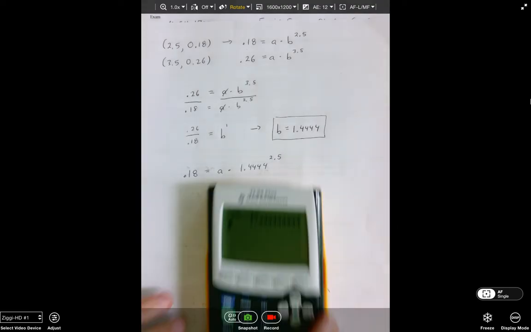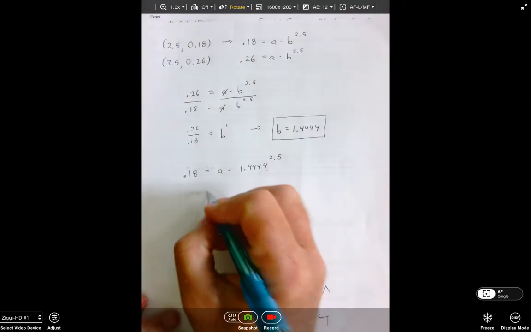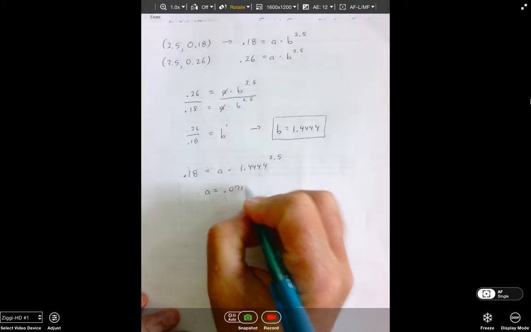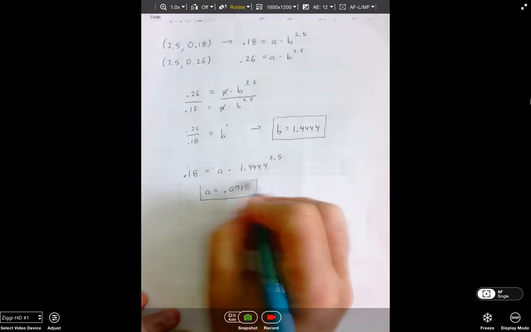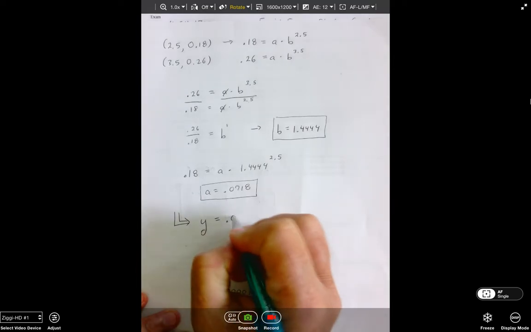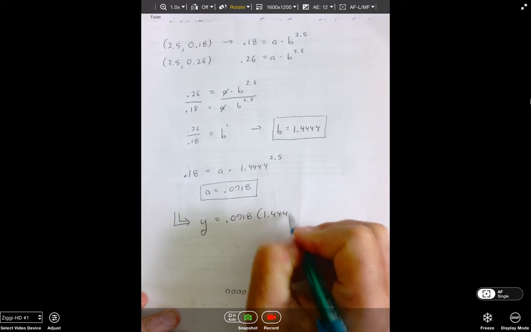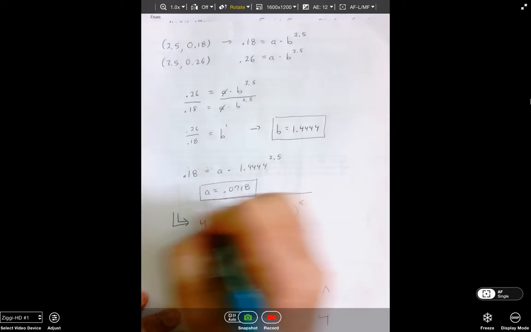Well, that's going to be really easy to do, because I just need to take 0.18 divided by 1.4444 raised to the 2.5 power. So my a is 0.0718. So guys, putting these two things together, what I could determine is that I have y equal 0.0718 times 1.444 raised to the x power.